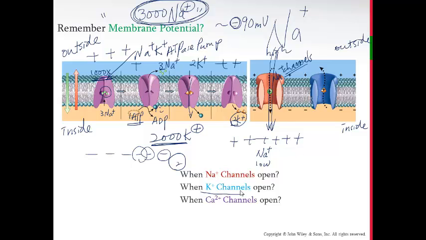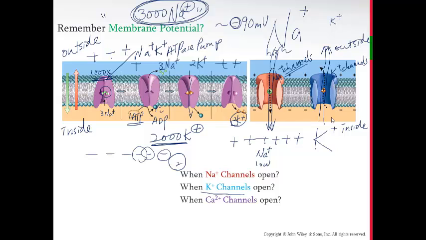And also, when your potassium channels open, here's your potassium channels. Okay, when it opens, how would your potassium ions flow? Would they flow into the cell or out of the cell? Right, you actually set up so much concentration gradient of potassium ion inside the cell, there's very little potassium ion outside. So when your potassium ion channels open, they're going to flow out.